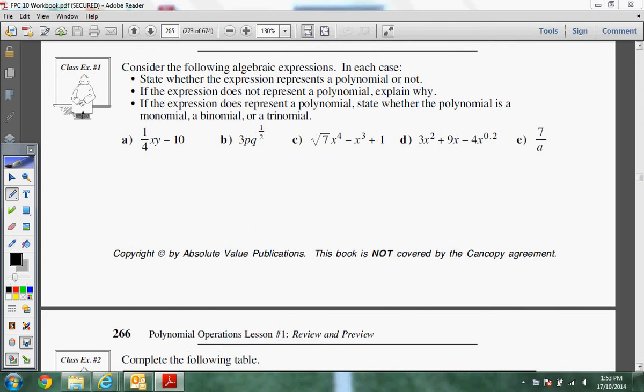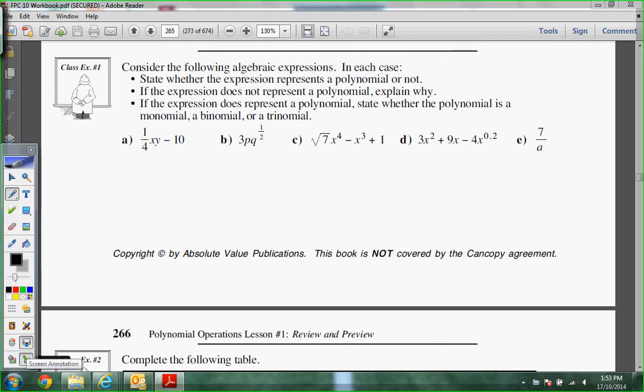Okay, so consider the following algebraic expressions. In each case, state whether the expression represents a polynomial or not. If the expression does not represent a polynomial, explain why. And if the expression does represent a polynomial, state whether it's a monomial, binomial, or trinomial. Okay, so part A. Is this a polynomial, yes or no? Yep, it is.